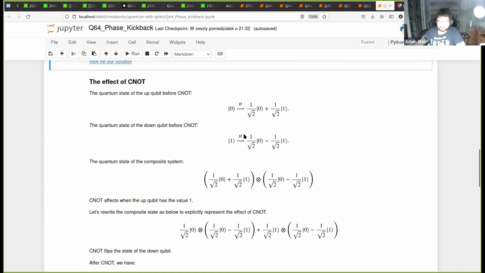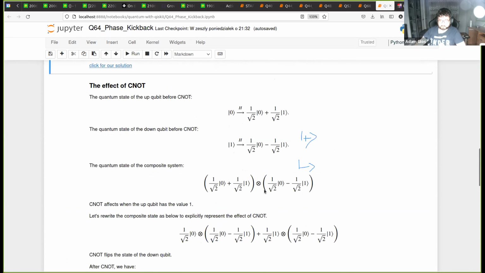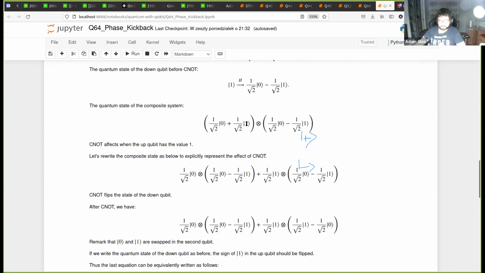Tasks here are very simple, fortunately. So if we start in 0, 1, based on Hadamard, we're getting plus and minus, and this is the joint form. And taking 0 and 1, taking 0 times this and 1 times this, you can have exactly the same representation in here.